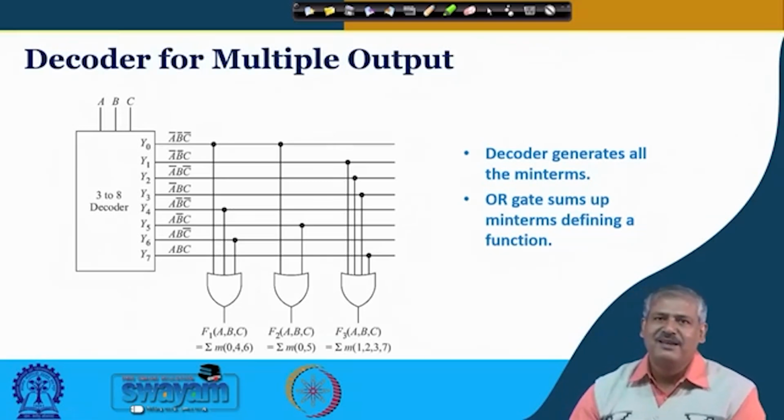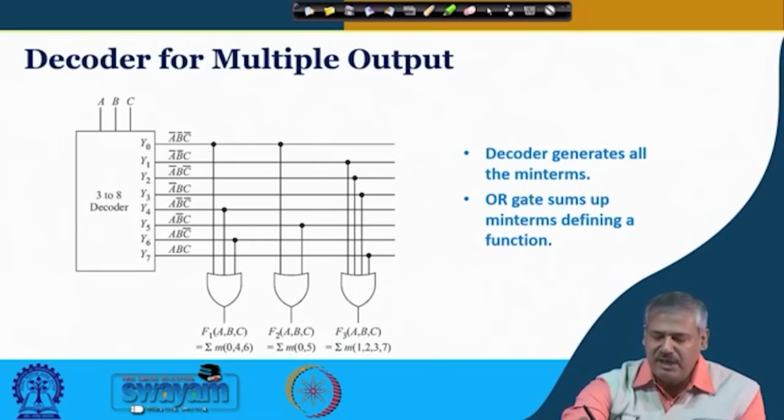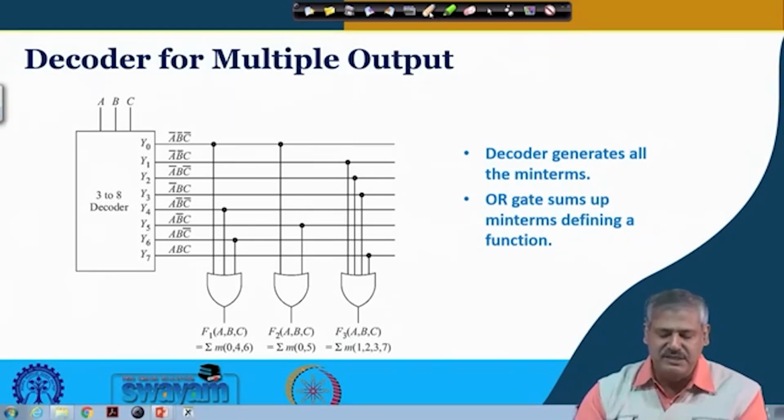And finally, while we are talking about decoding and steering an input to one of the many possible outputs, this decoder, or this particular demultiplexer decoder, can be useful in generating multiple outputs. If in a particular problem you are looking for multiple outputs, we can make use of a decoder or combination.